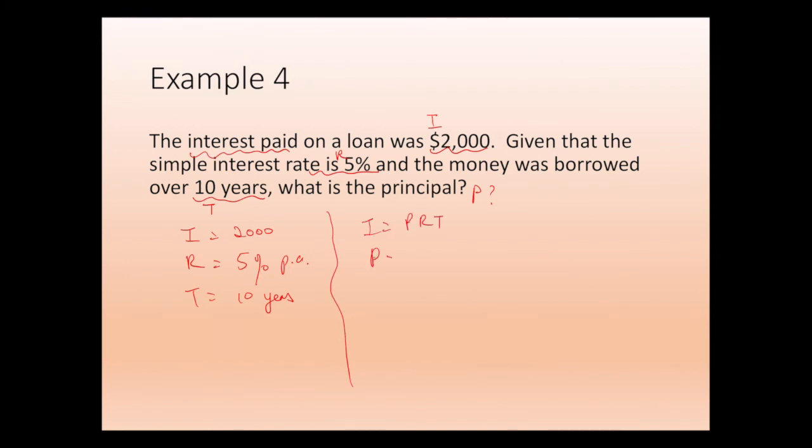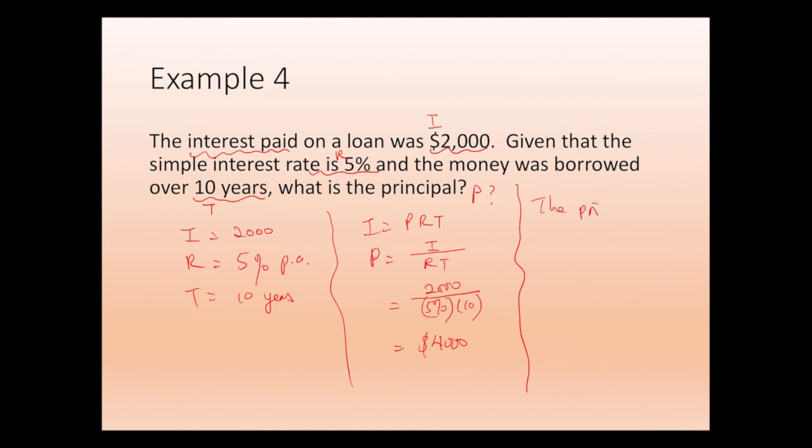Using I equals PRT, P is therefore I over R times T, which is 2,000 over 5% times 10 years. Using your calculator, we know that the principal is $4,000.